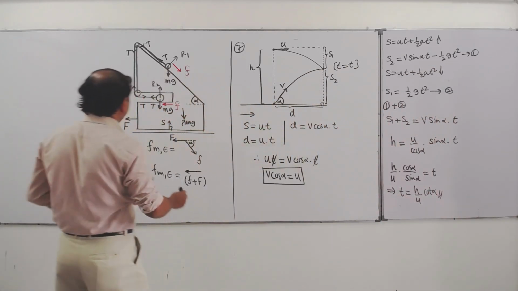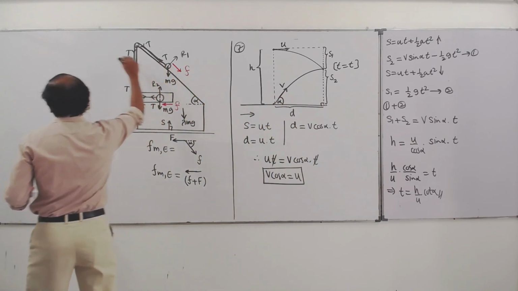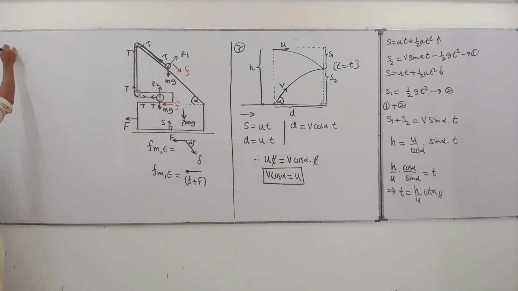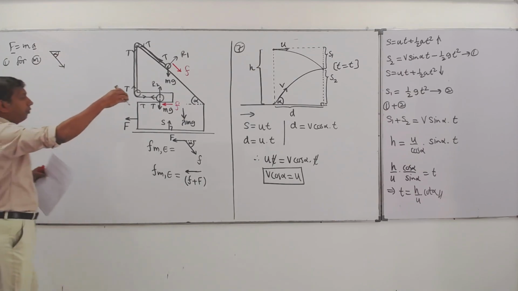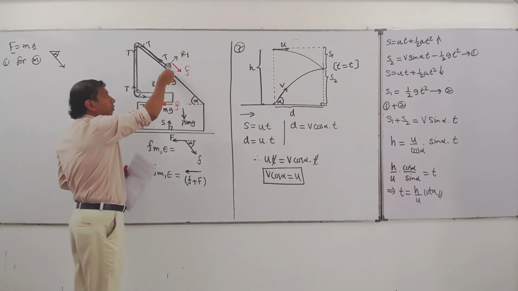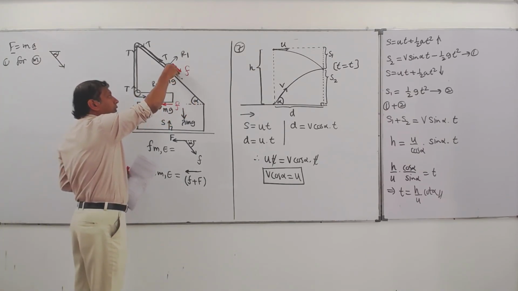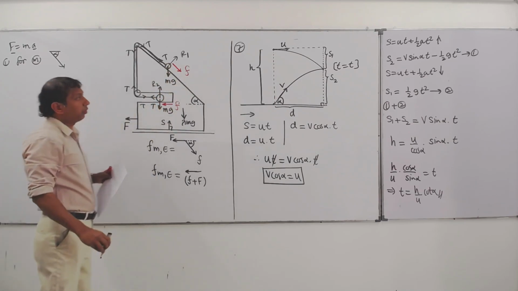Right. We can write F equals ma. Applying F equals ma, number 1, for small m down along the plane, in this direction. If this is alpha, the component of weight along the plane downward is mg sin alpha.